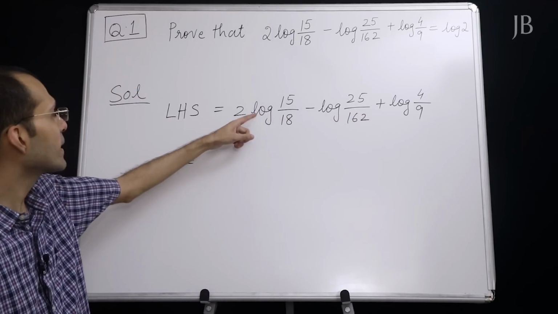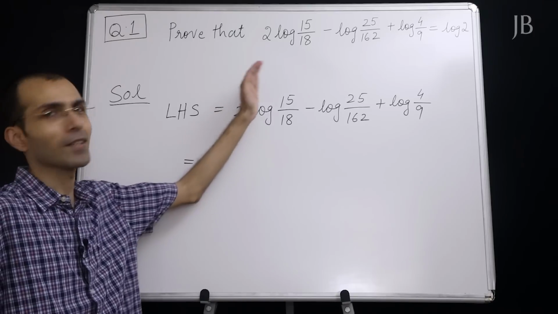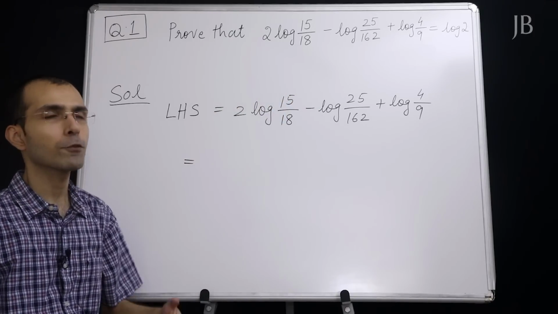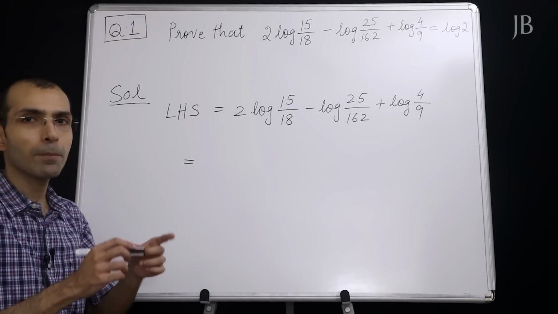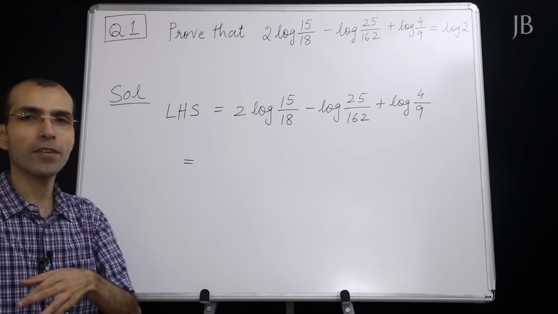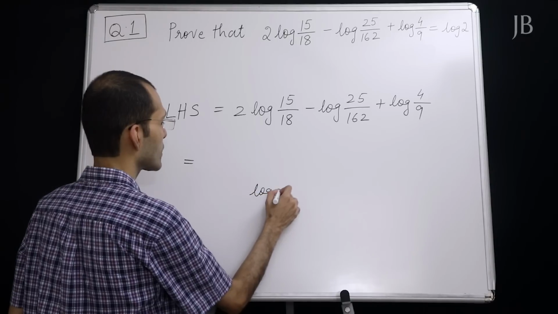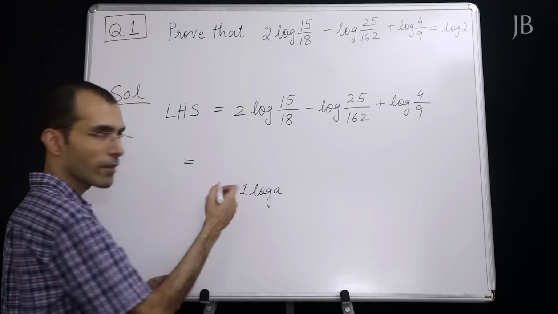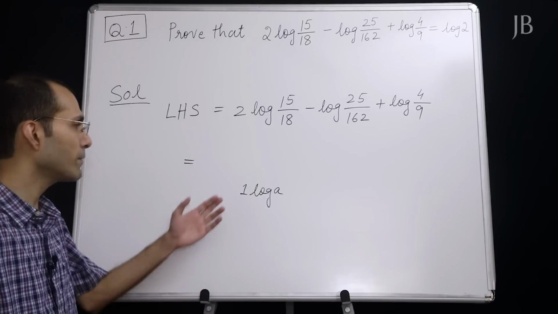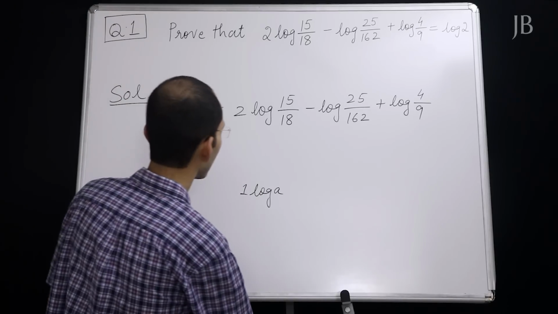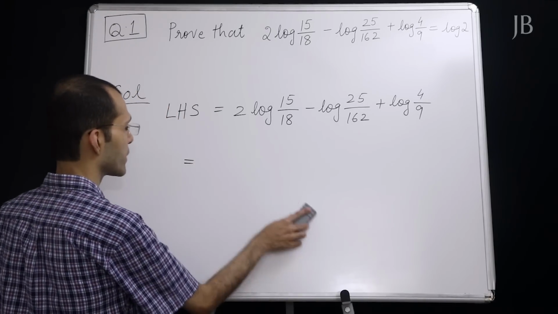You will have to take any coefficient in the power, otherwise it will be a problem. See, if you remember the laws of logs, log a plus log b is log of ab. So what was the coefficient for log a? 1 log a, which we never write like 1 log a, we just write log a. So we'll have to first take care of the coefficients.